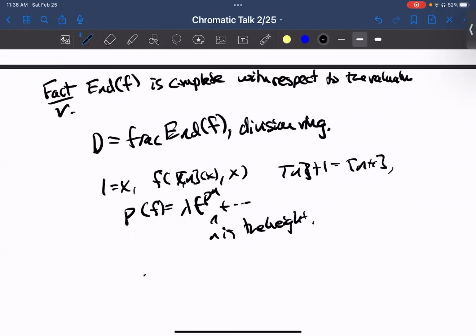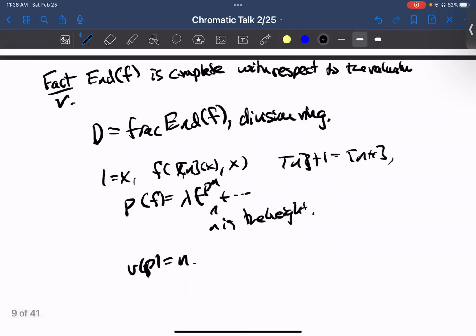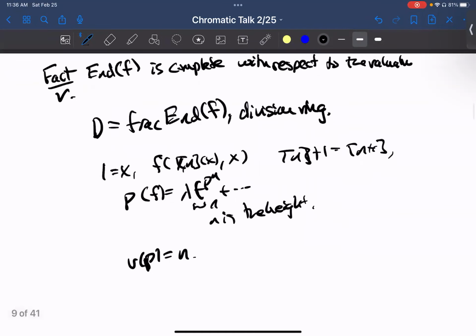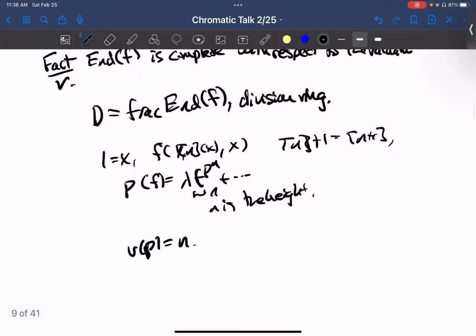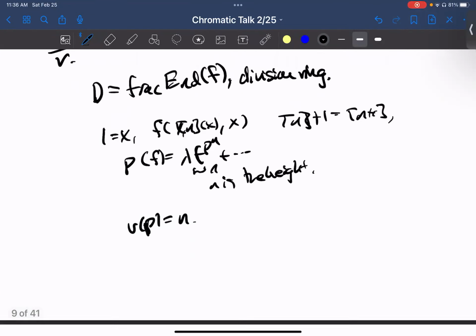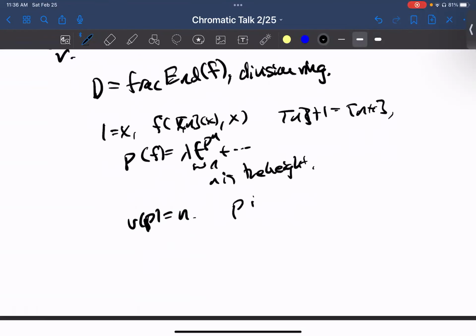And in particular, we have that the valuation of P is equal to N, because the smallest power of P such that the coefficient of t to the p to that power is non-zero is going to be the same as the valuation of your given power series by what we defined earlier. All right. So in particular, what this means is that p is topologically nilpotent.